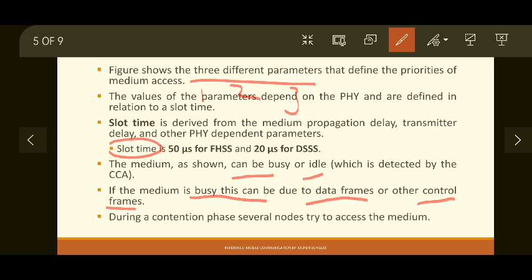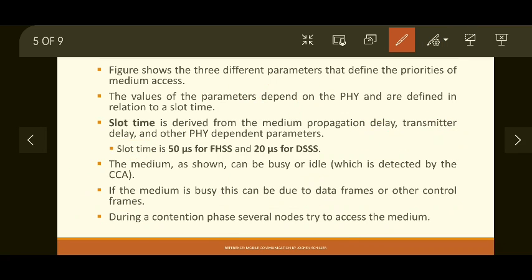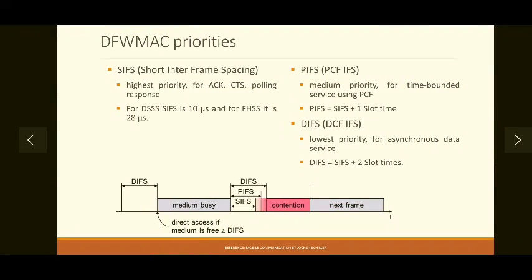During the contention phase several nodes try to access the medium, so at that time also a backoff timer will be activated at each node, and that is again based on a slot time. Maybe the contention period will be of 10 slot times or 20 slot times depending on the number of users available in the medium. So let's look at these slot times.